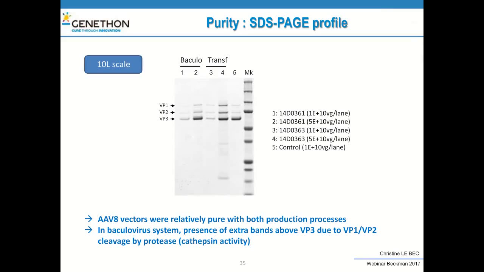For the quality, here you can see the SDS-PAGE: lanes 1 and 2 are the baculo process, and lanes 3 and 4 are the transfection process. You have relatively the same purity in both processes. In the Baculovirus process, you can see some extra bands above VP3 due to the cleavage of VP1 and VP2, but the quality is almost the same.